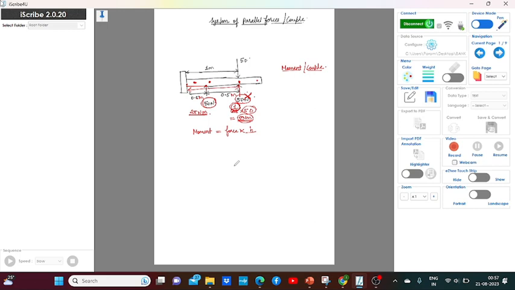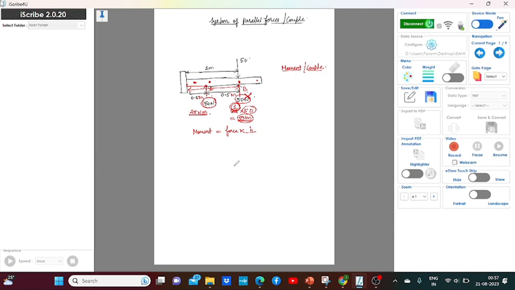Okay, now let us see. So the total couple applied by this particular person, say this is person A and this is person B, in anti-clockwise direction.